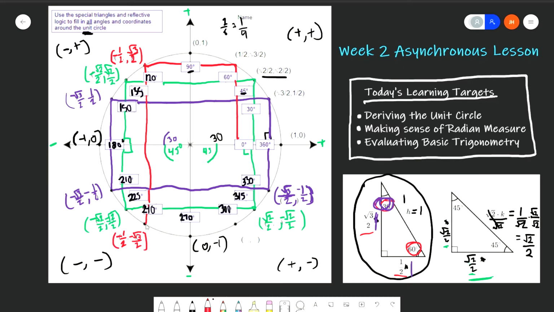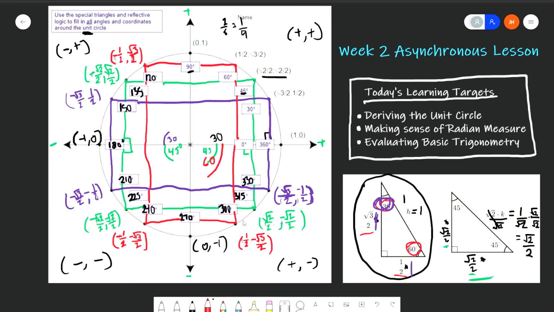And finally, I go across my y-axis, and I'm at 300. And what we can notice is that 300 is, once again, guys, 60 degrees less than 360. And so it has positive 1/2 for its x-coordinate and negative root 3 over 2 for its y-coordinate.